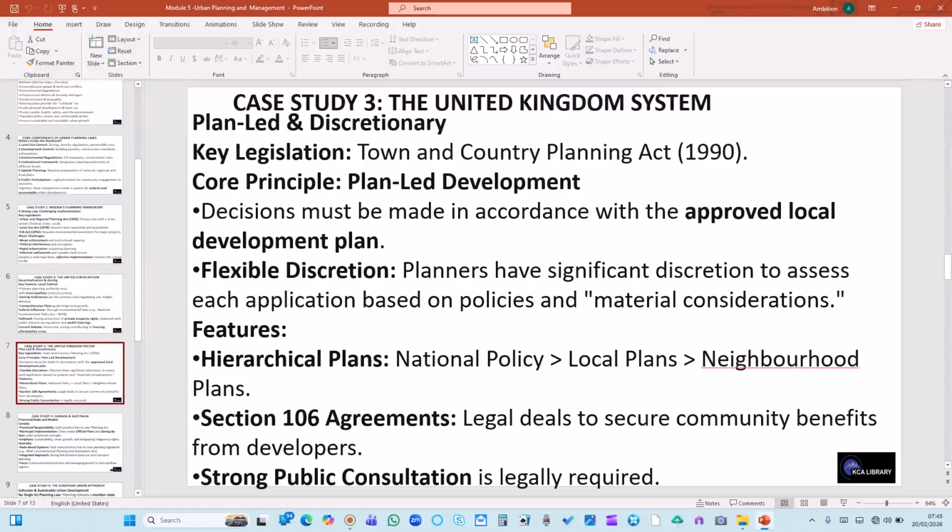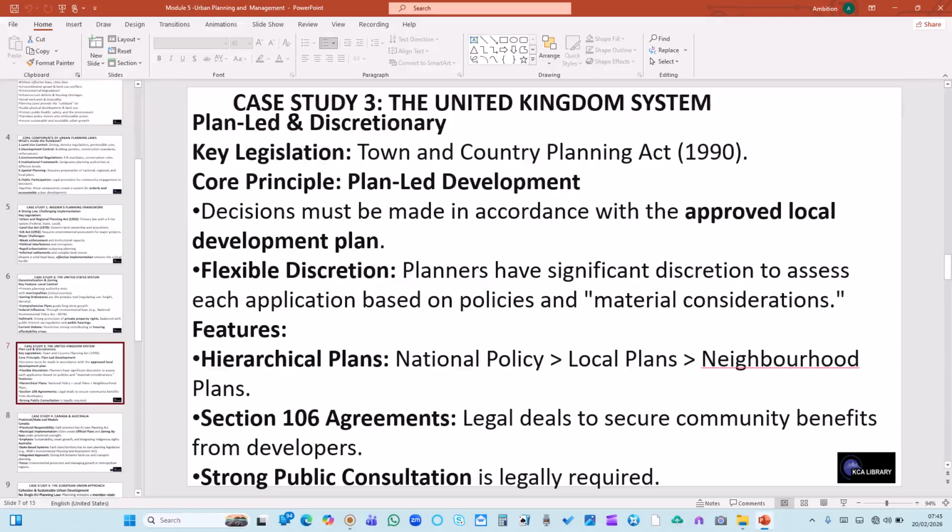Now let us look at case study 3, the United Kingdom's system, which is characterized by plan-led and discretionary statute. The key legislation in the United Kingdom includes the Town and Country Planning Act of 1990. The core principle is plan-led development, which involves decisions that must be made in accordance with the approved local development plan.